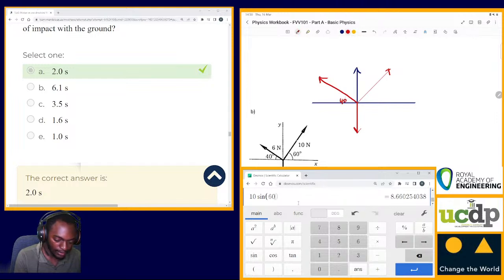This is 40 degrees, with a magnitude of 6 newtons, and this is 60 degrees, still with a magnitude of 10 newtons, and this has a magnitude of 7 newtons.